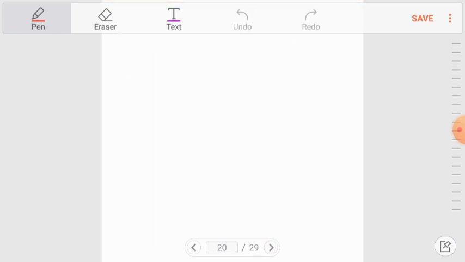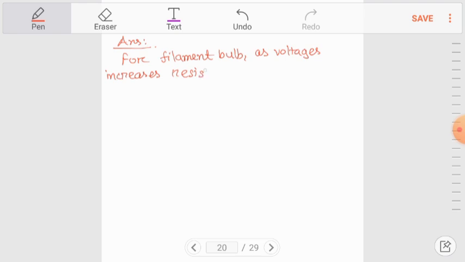The answer for question number 16, the answer section is here, and it is for filament bulbs. For filament bulbs, as voltage increases, resistance also increases.